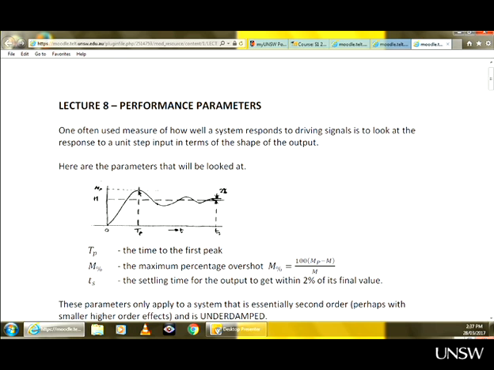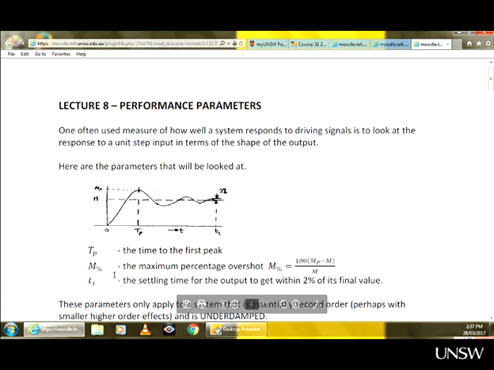How big the peak is, well, it may or may not be important, but we are actually more interested in the relative size of the peak, the size of the peak relative to the steady state value. So this length here is what we call overshoot, how much the response overshoots the steady state value.